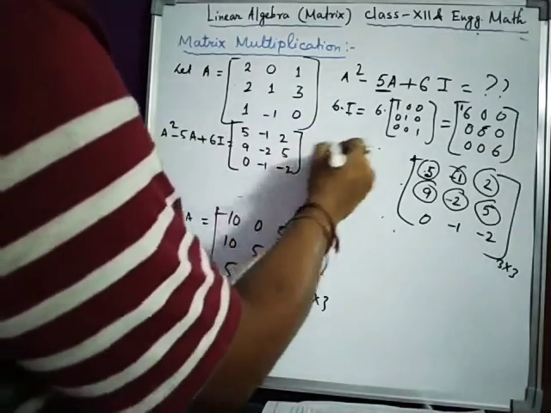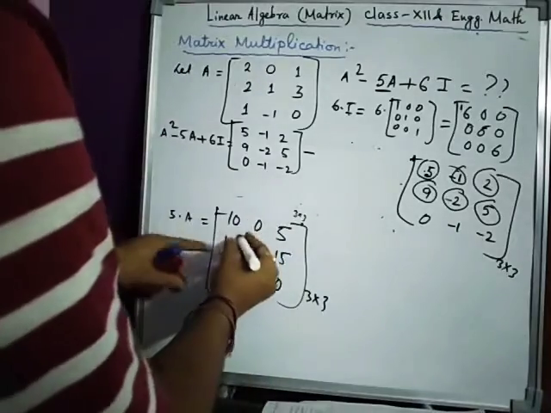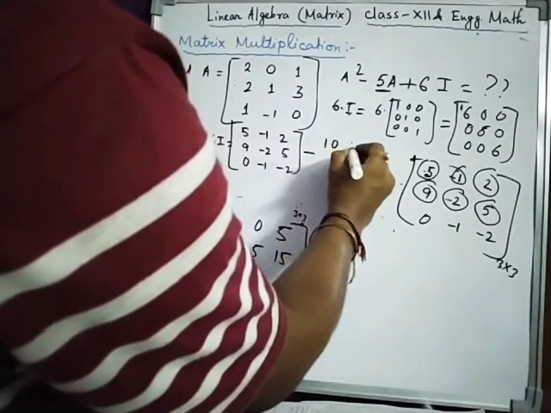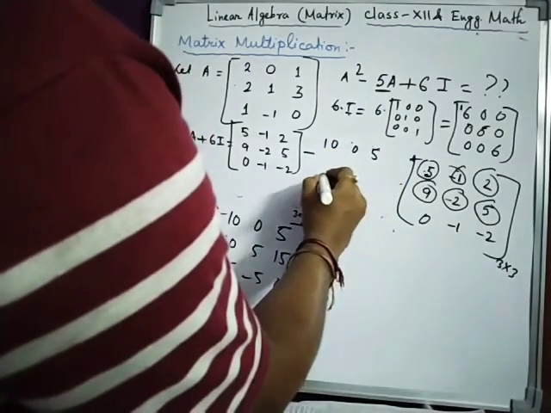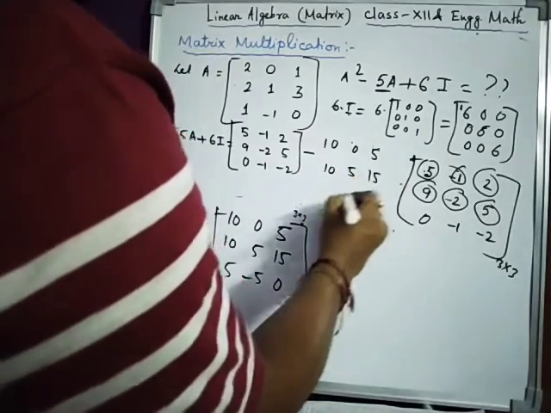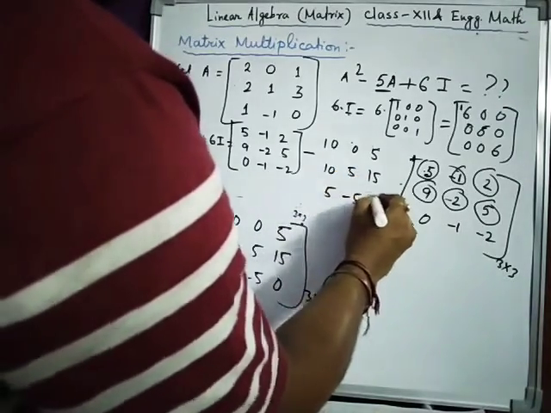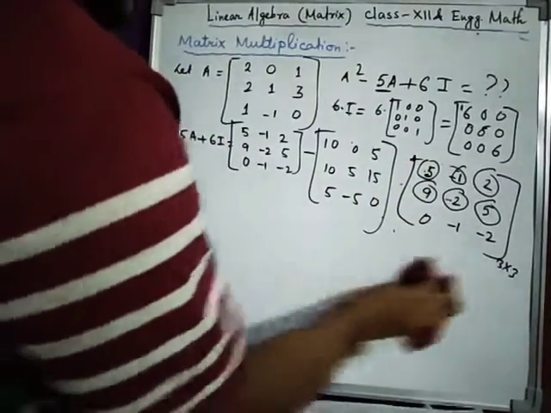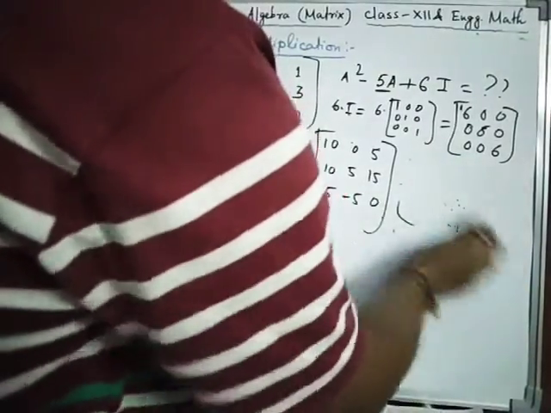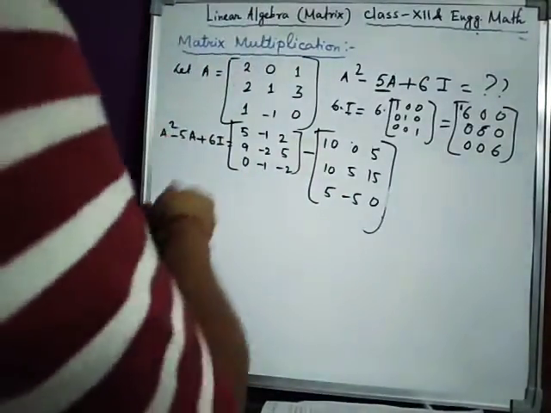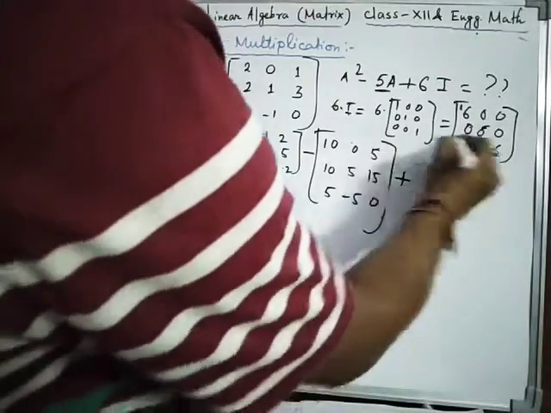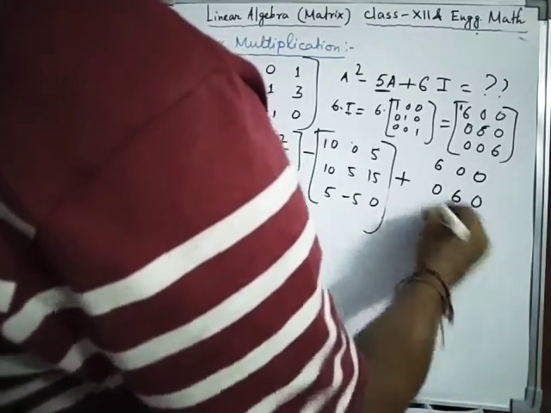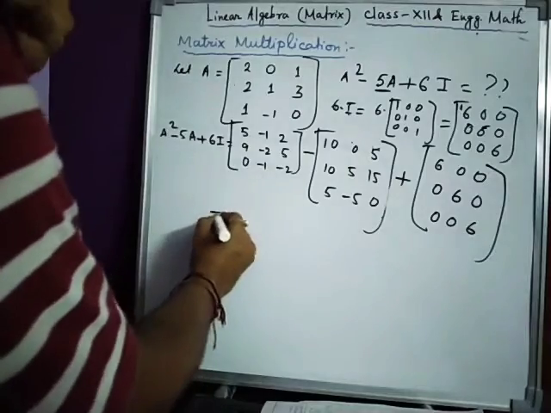Now minus 5A means all the signs will change. 5A is 5 0 10, 5 10 15, 5 minus 5 0. So A square minus 5A is already done. Now plus 6I. 6I means 6 0 0, 0 6 0 and 0 0 6. Now solve it.